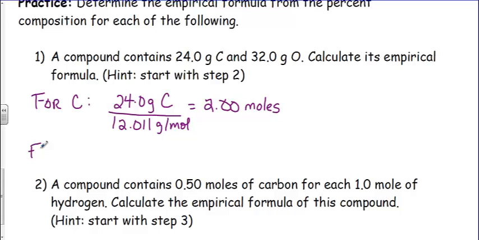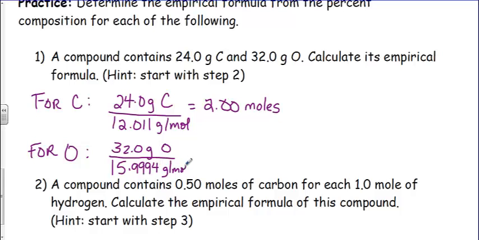For oxygen, they tell us our mass is 32.0 grams of oxygen. And our GFM for oxygen is 15.9994 grams per mole of oxygen. We divide that out, we get 2.00 moles.